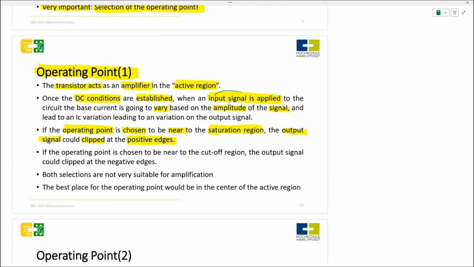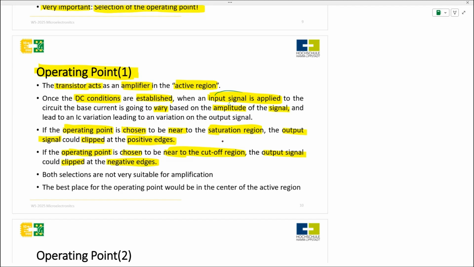The fourth point: if the operating point is chosen to be near the cutoff region, not the saturation region, the output signal could clip at the negative edge and not the positive edge.